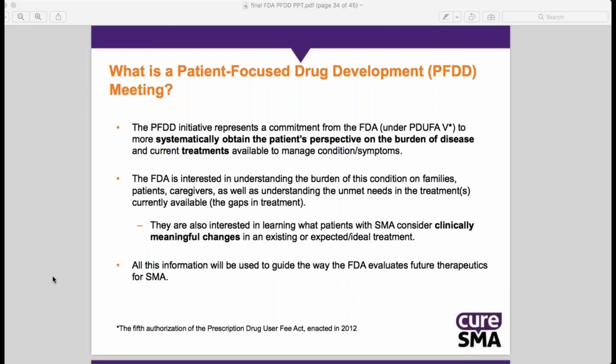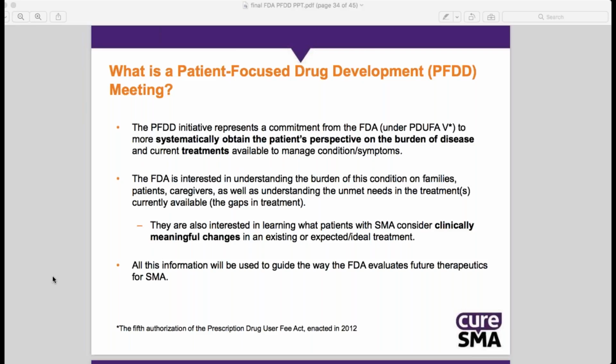So these patient-focused drug development meetings, just to reiterate a little bit of what Selena said, are a way for FDA and other stakeholders to hear from patients and caregivers in a systematic way that collects the patient and caregiver experience with the disease, but is not specific to any particular product that's in development, unlike the FDA Patient Representative program that Selena talked about, where patients or caregivers are asked to advise FDA or participate in advisory committee meetings to discuss particular products in development or product applications.